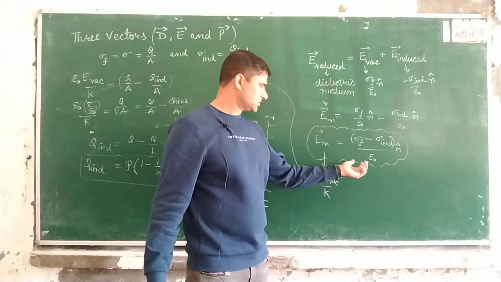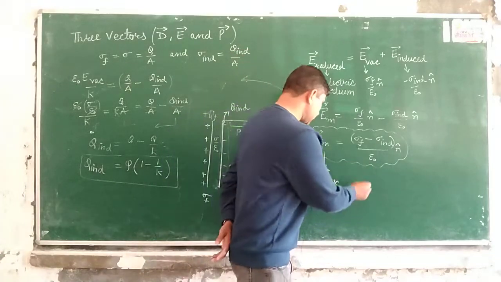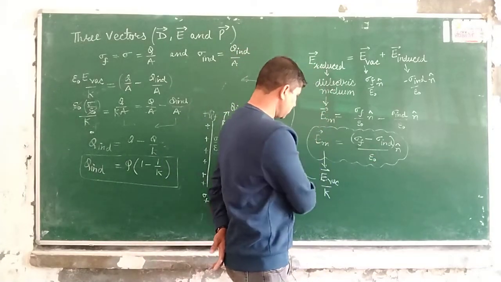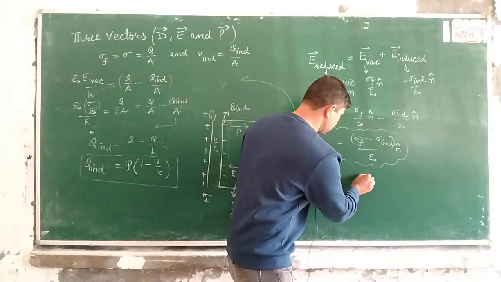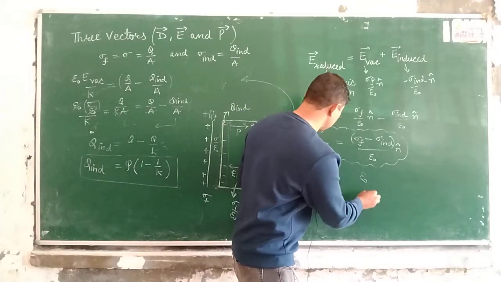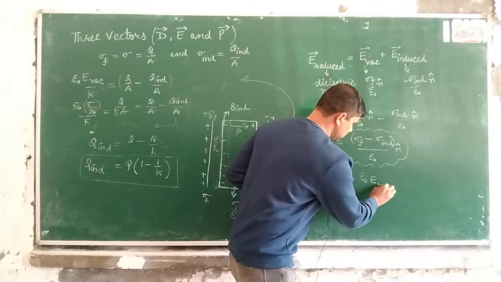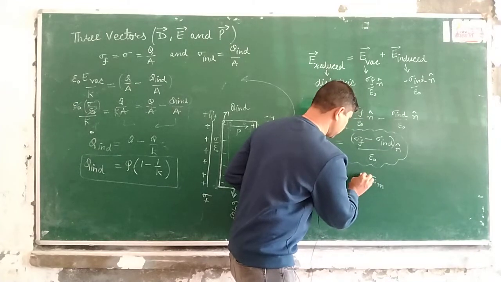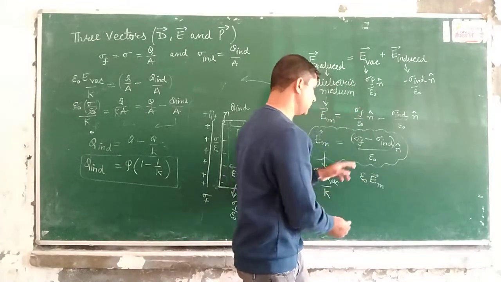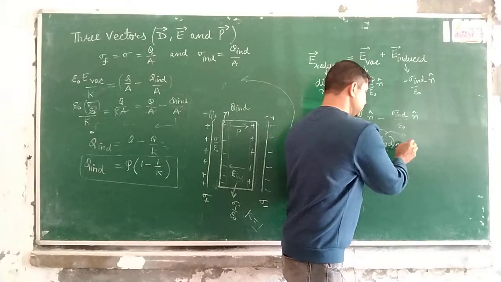Now we will rearrange this equation, and we will take this factor in the numerator on the left hand side. Then you will get epsilon node into E_m, E in the medium. And what can you write for the induced charge density?